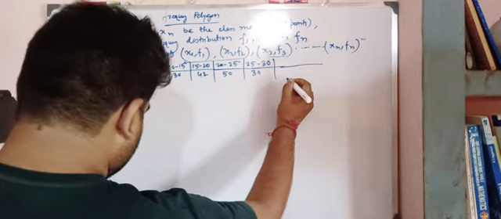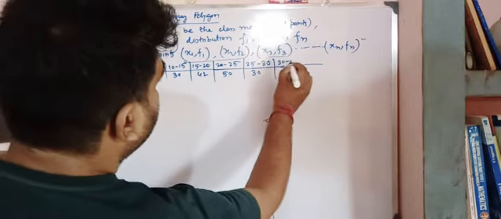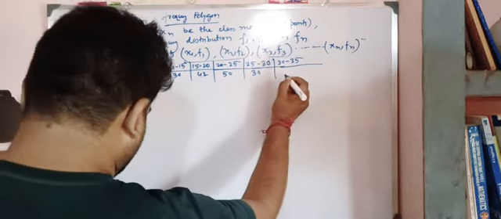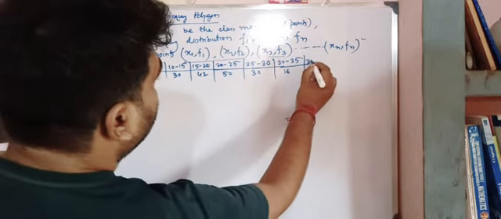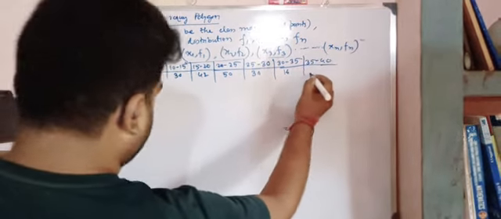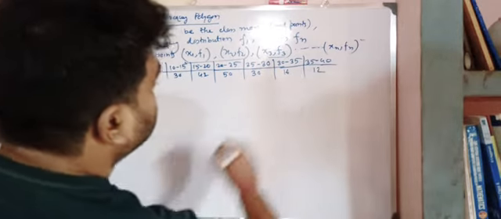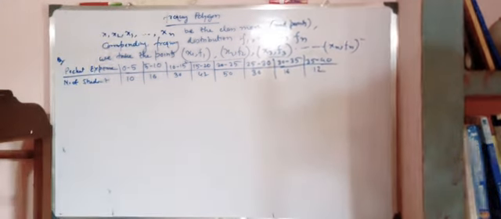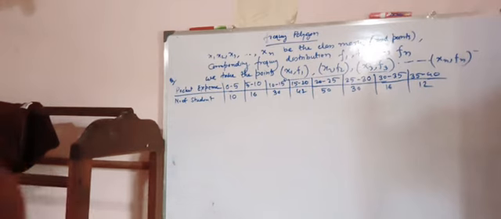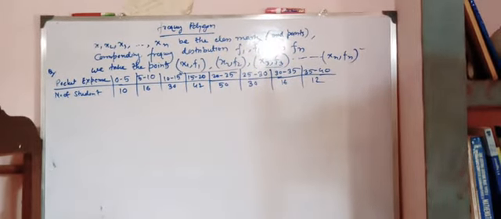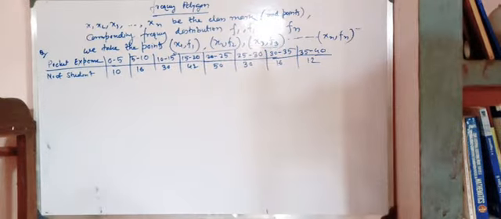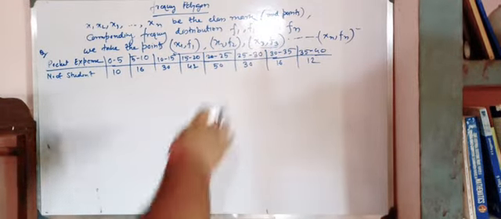Next 30 to 35, 16. Next 35 to 40, 12. We have to draw a frequency polygon related to that.